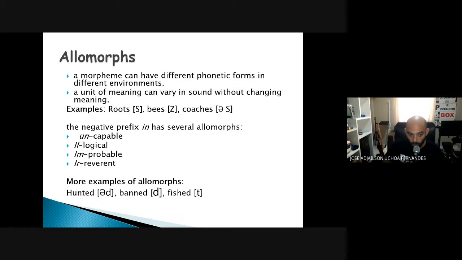All of these words end in a final ed. Assuming that all of these verbs are in the simple past, what we have here is a set of different possible phonetic realizations. The graphic manifestation is ed for all of them.